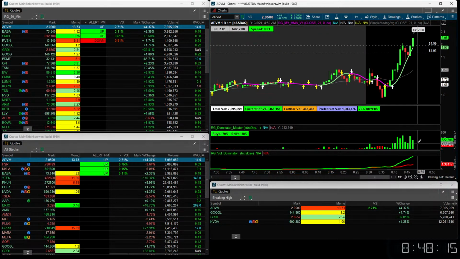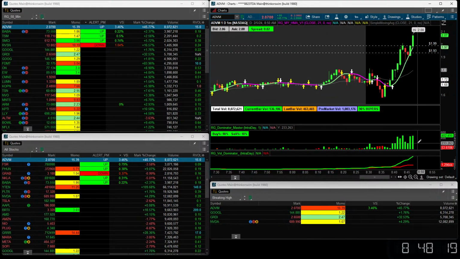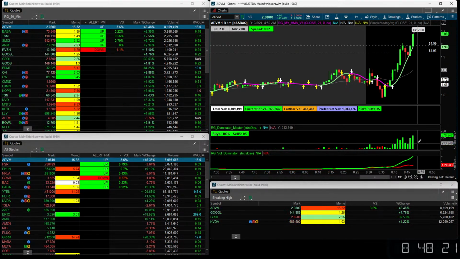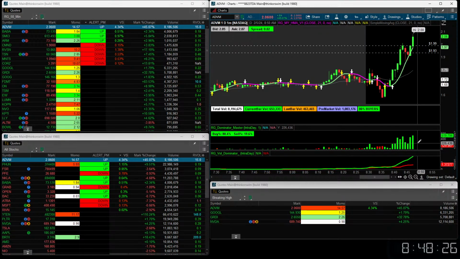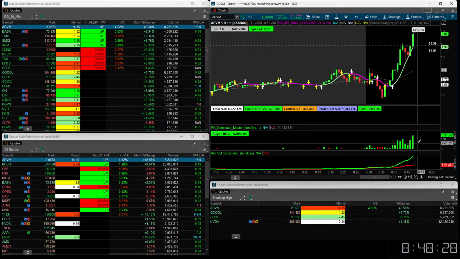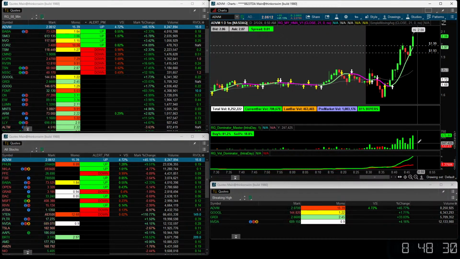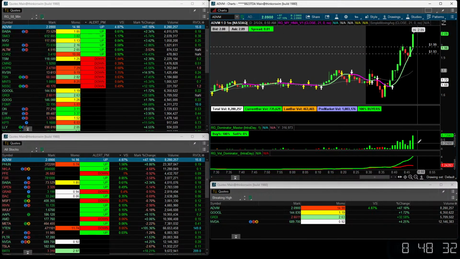Hang on up. Nice little pullback play. Nice green bars on Dominator Master. Be careful of a halt.